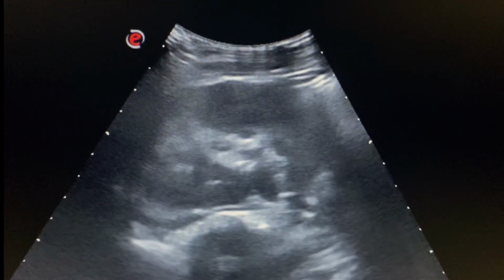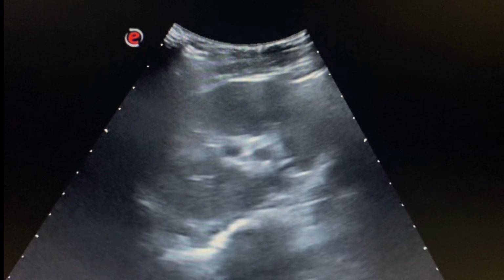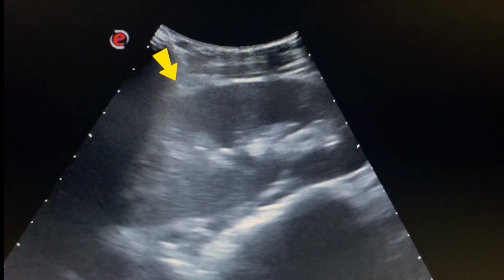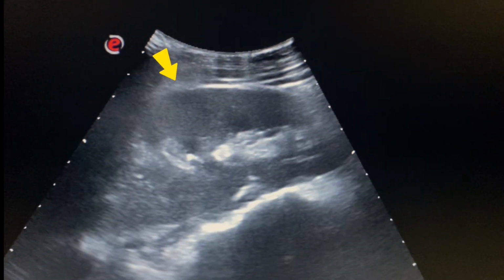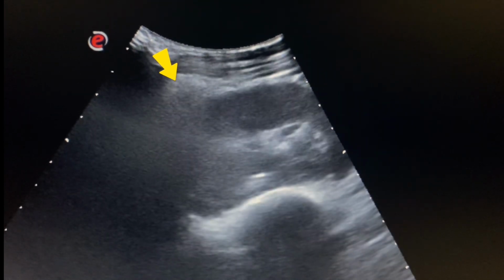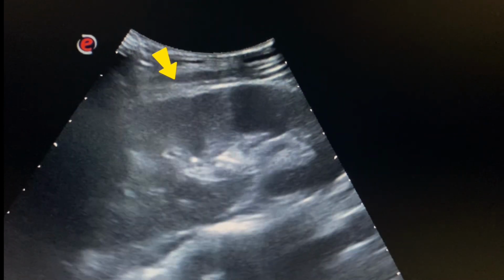Now we scan the left kidney. The cortex of the kidney is normal and the pelvis is also normal but mildly dilated.